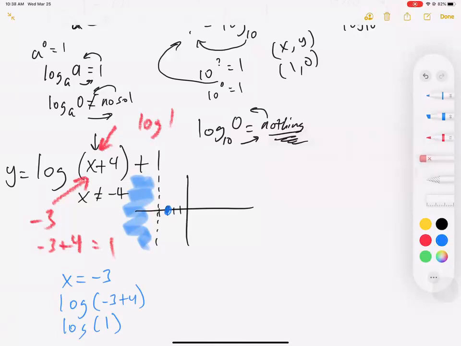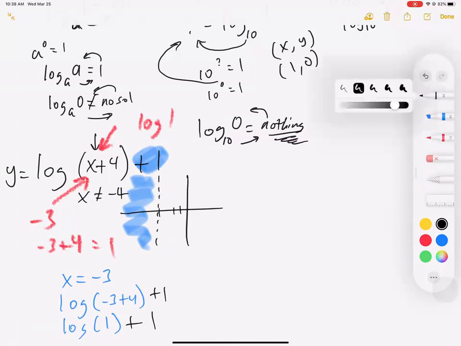But there is a slight change here. If you see here, don't we have to add 1 to it? So if I plus 1, we said the log of 1 is 0. 0 plus 1 takes us back up to 1.